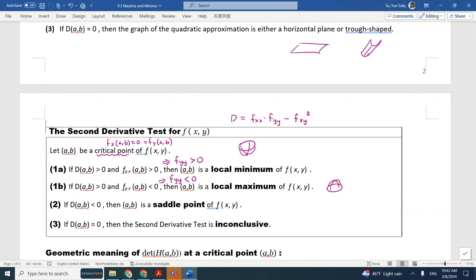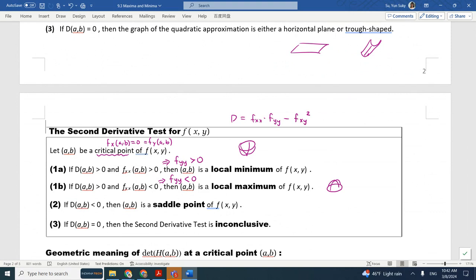If D is negative, we get a saddle point. You can imagine, in some direction concave up, in some direction concave down, so we get a saddle point. And the third one, if D is 0, the test is inconclusive.